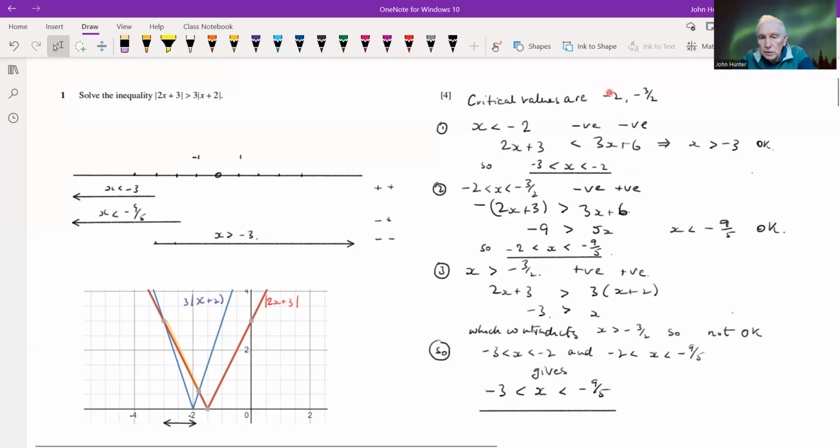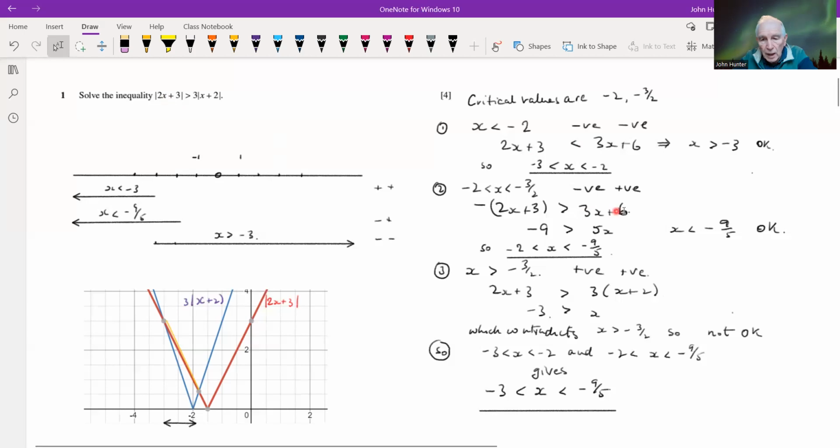Since we've got a critical value of minus 2, we're only considering from minus 2 below, so that's going to give us a partial solution of x is between minus 3 and minus 2. Okay, so that's that bit. Now if we consider the middle region between minus 2 and minus 3 over 2, in this case this 2x plus 3 is going to be negative, and x plus 2 is going to be positive. So if we replace our vertical bars by brackets, the first one's going to be negative, the second one's going to be positive.